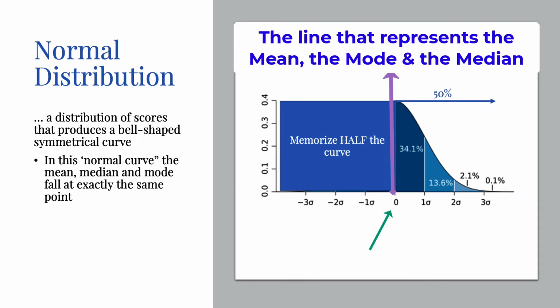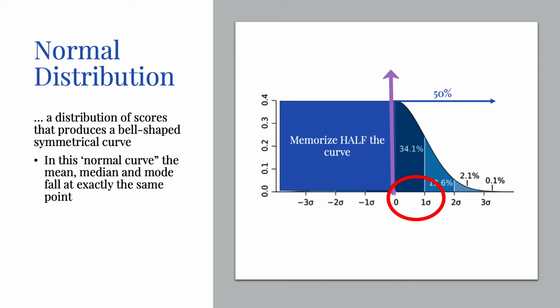So what we're going to do here is talk about what you absolutely have to memorize in order to understand this. First, you need to know that each one of these little jumps, from the 0 to the 1, with the little symbol, to the 2, with the other little symbol, means it is 1 standard deviation from the 0.